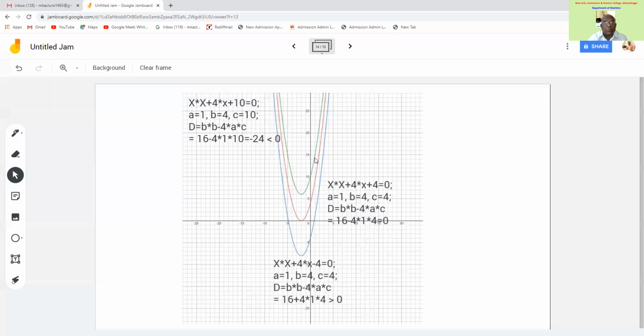If it intersects at 2 points, we will claim that there are two solutions. But this is not intersecting at any point. In this case, you will find that discriminant is negative, and whenever discriminant is negative, there is no real solution. If at all there is a solution, we say that it is a complex imaginary conjugate solution. But in the real setup, there is no solution.